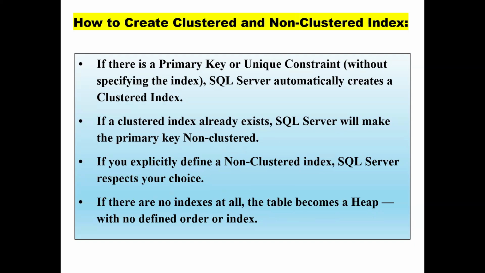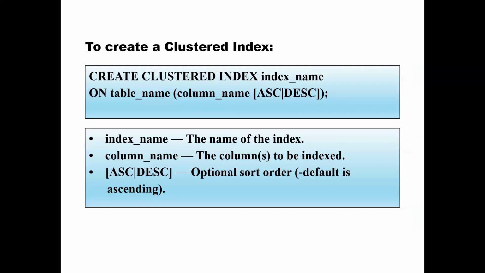Now let's see how to create indexes in SQL Server. To create a clustered index, we can use the following code. CREATE CLUSTERED INDEX index_name ON table_name (column_name ASC or DESC), in which index name means the name of the index. Column name means the columns to be indexed.